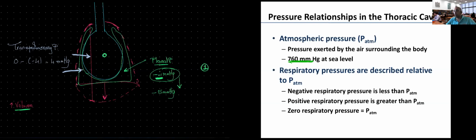So if my intrapleural pressure becomes -5 millimeters of mercury, what's going to be the change in the transpulmonary pressure as a result? When I contract the diaphragm, you see the transpulmonary pressure, rather than being 4, is going to become 5 millimeters of mercury. Can you remind me what the transpulmonary pressure is by definition?